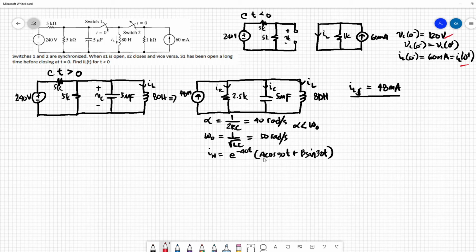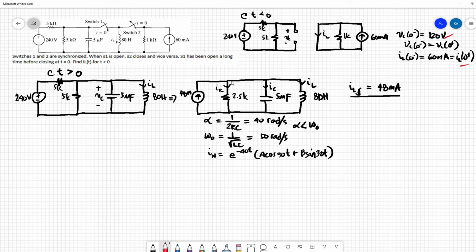In order for us to solve the coefficients A and B, we need two initial conditions. We already have iL of 0 plus, which is 60 milliamperes. So we need diL/dt at 0 plus.